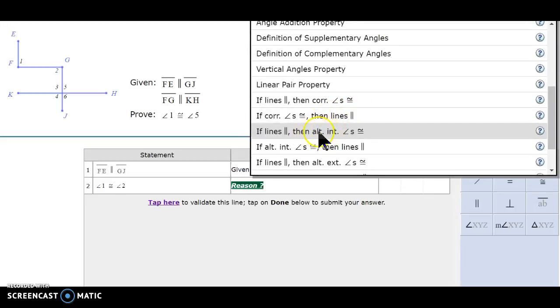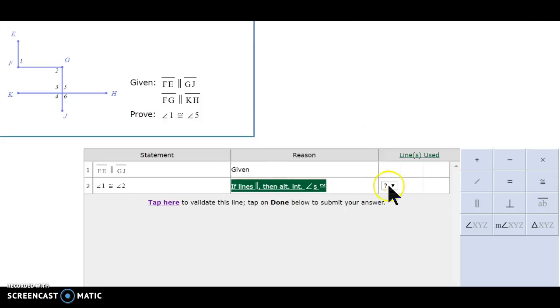This one right here. If lines are parallel, then alternate interior angles are congruent. And I know this because I already put that down in my first line, right? FE parallel to GJ. So I'm going to put down the 1 there.